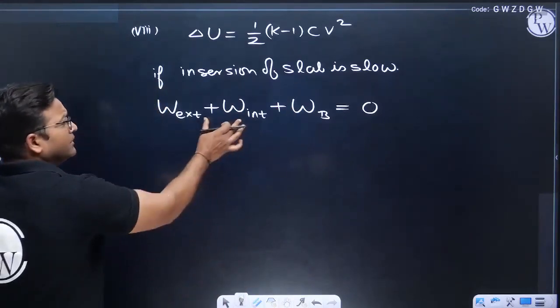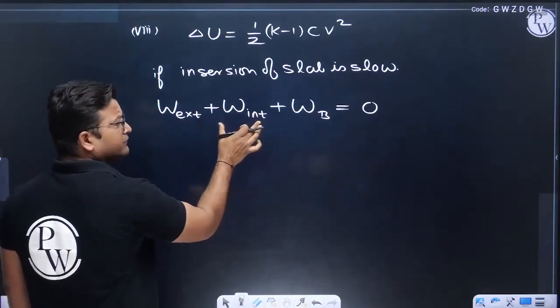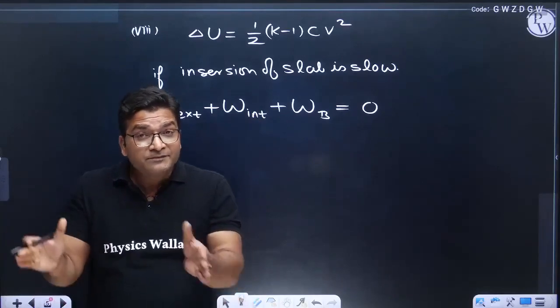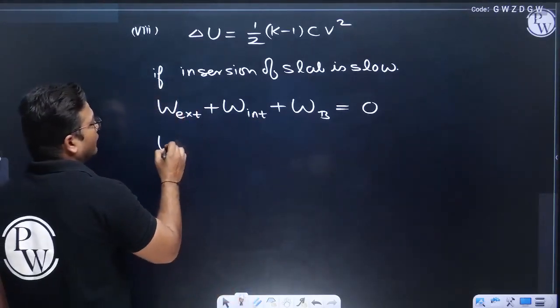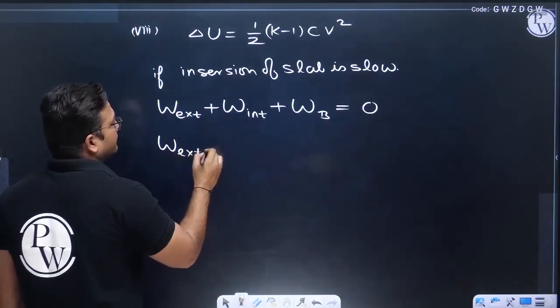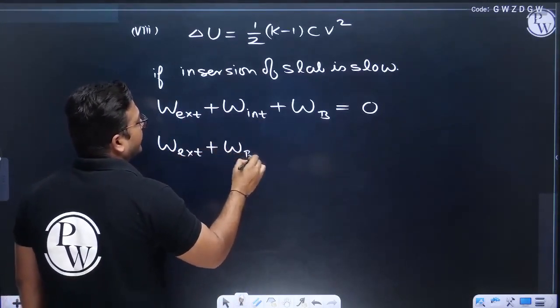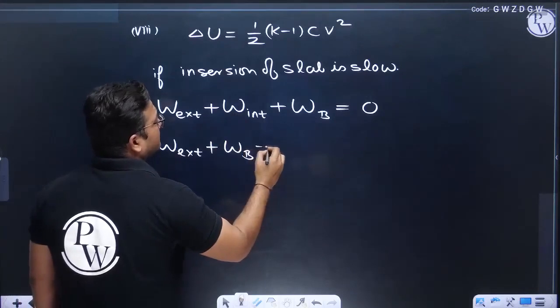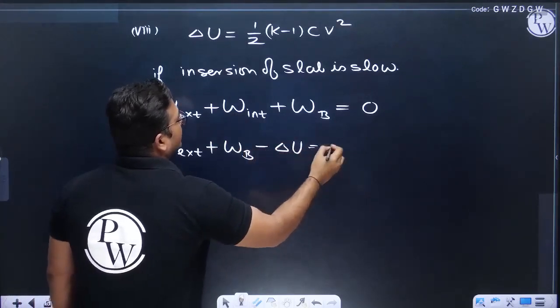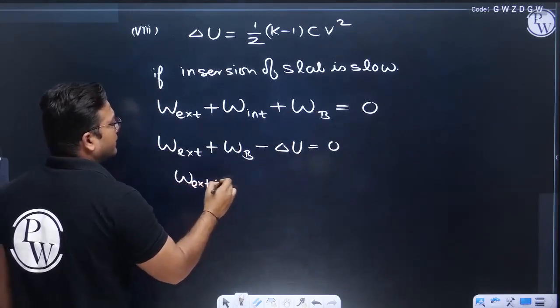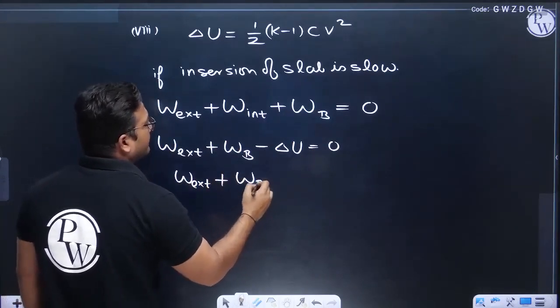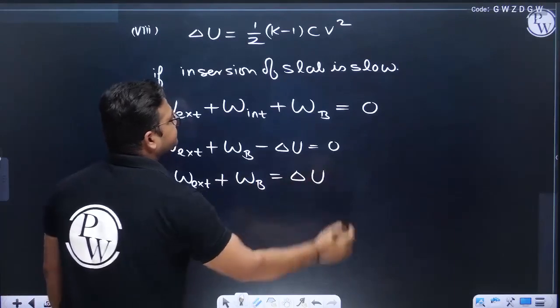The work done by internal force is equal to the negative of change in potential energy. So work done by external force plus work done by battery minus delta U equals 0. So it gives you work done by external force plus work done by battery equals delta U.